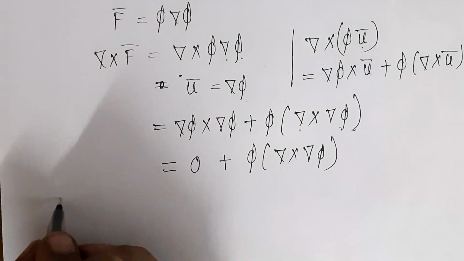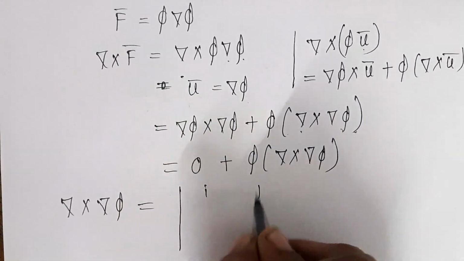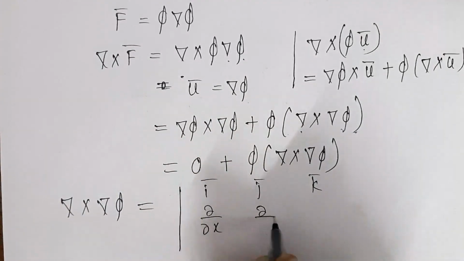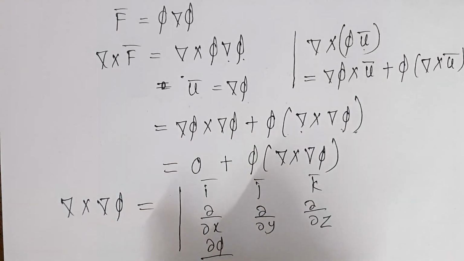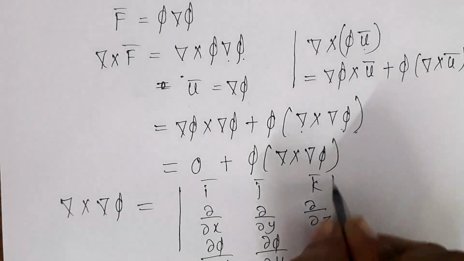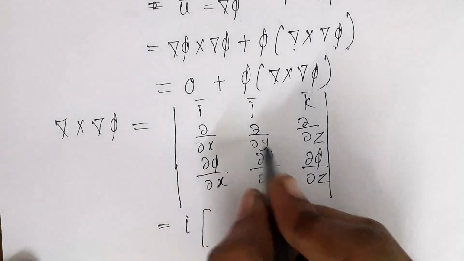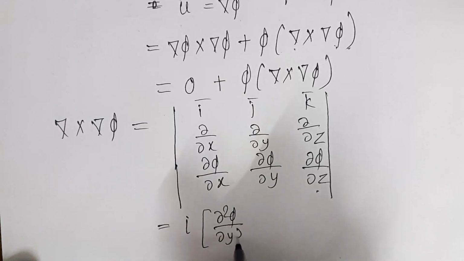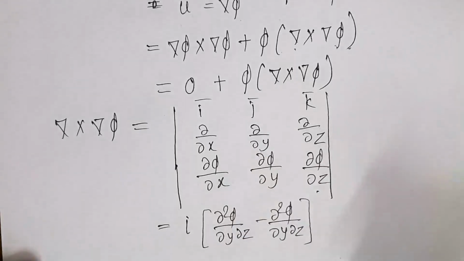It is equal to the determinant with rows i j k, then del by del x, del by del y, del by del z, and del phi by del x, del phi by del y, and del phi by del z. If we simplify this determinant, it is i times del by del y of del phi by del z, which is del 2 phi by del y del z, minus del 2 phi by del y del z. So this gets cancelled.